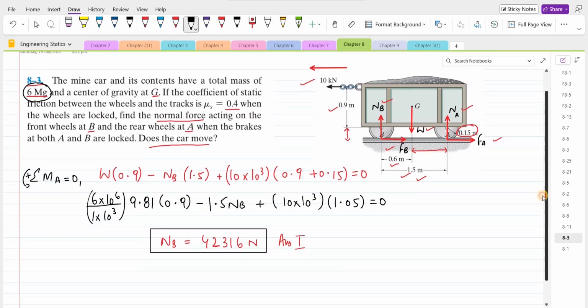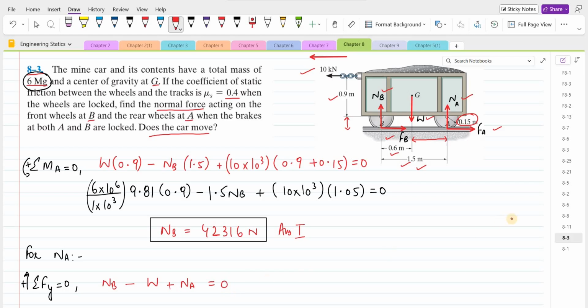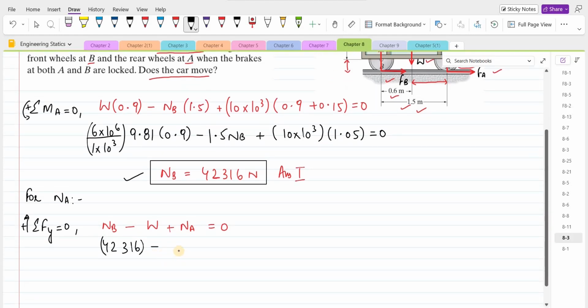Now for the support reaction NA, we can do summation of forces in the y direction equals 0. I am considering the up direction as positive. So we have NB minus the weight force plus NA equals 0. NB is 42,316 minus the weight force, and the weight is mass times 9.81.